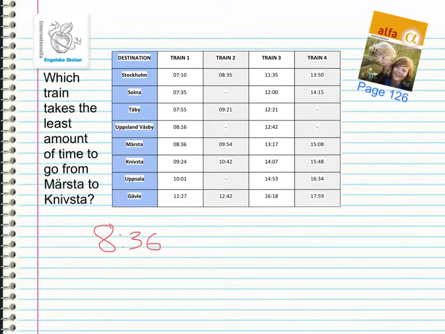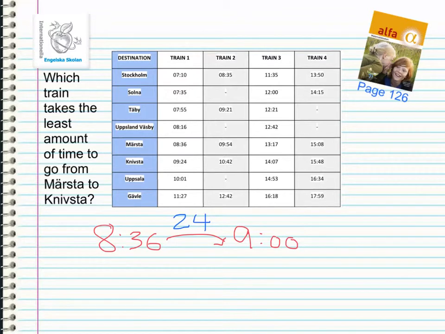So if we're going to go up to the nearest hour, that will be 9 o'clock. And that will take a total of 24 minutes. From 36 all the way up to 60 is 24. And then we can see that it arrives at Knivsta at 9:24.